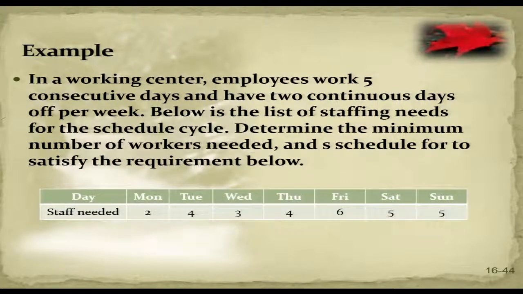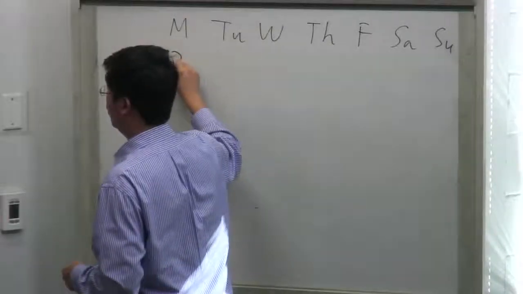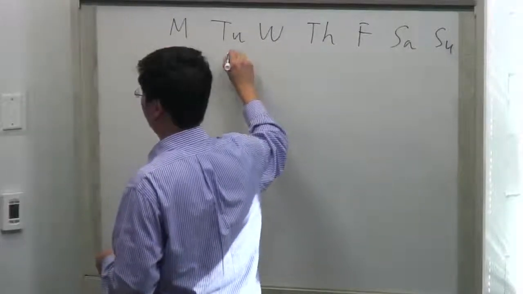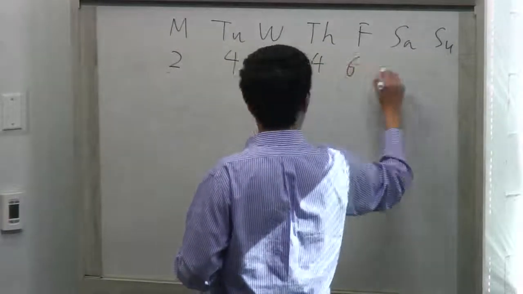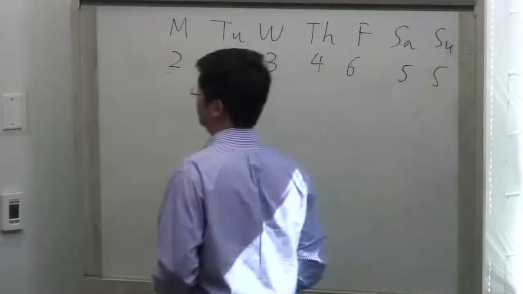We will do that together, because you will also have an example in the homework, possibly in your exam. So we need 2 waiters and waitresses on Monday, then 4, 3, 4, 6, 5, 5.